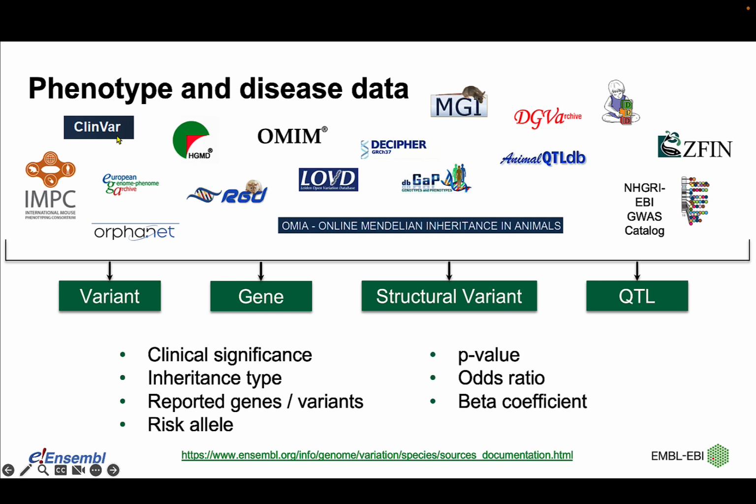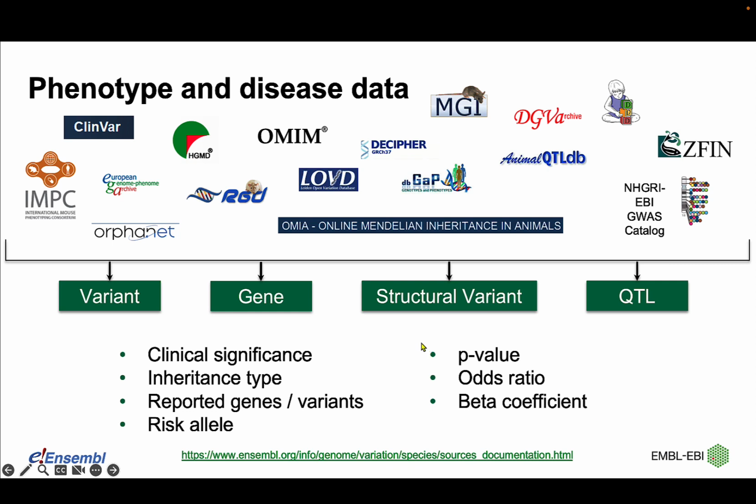For mouse, we link variation data with phenotype information from the International Mouse Phenotyping Consortium, or IMPC, and also the Mouse Genome Informatics Database, MGI. And you can find the different sources for each species in the link at the bottom of my slide.